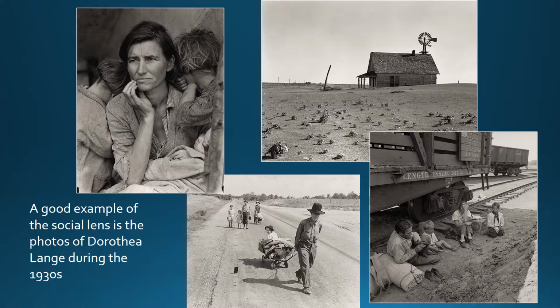She also focused a lot on the Dust Bowl, on agricultural workers, and you can see by her photography here that I've chosen, you could use her photography to tell an economic story, to tell a historical narrative of politics at that time, but she focused on the social aspect. So this is an example of how the dominant viewpoint can include subcategories.